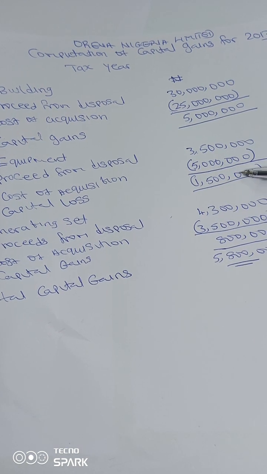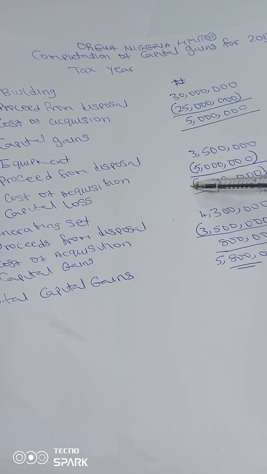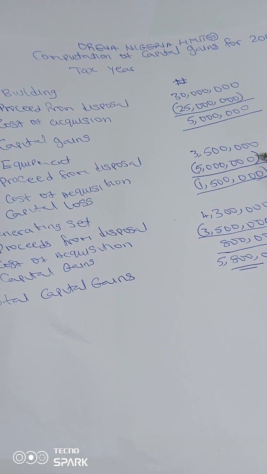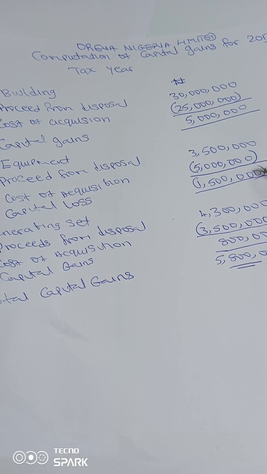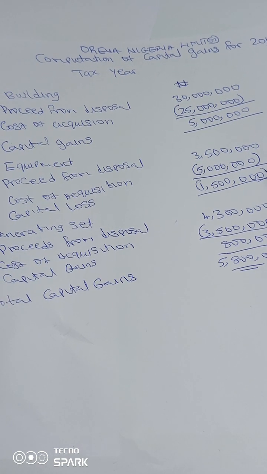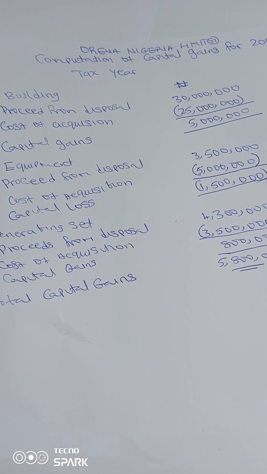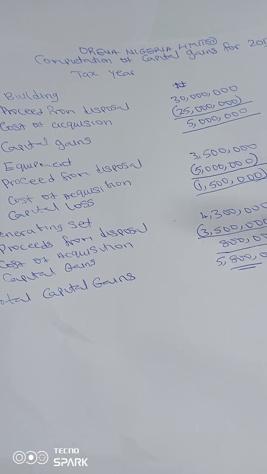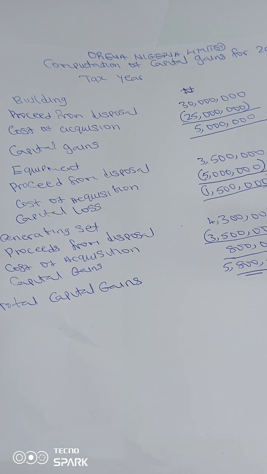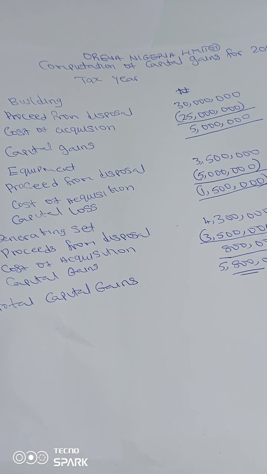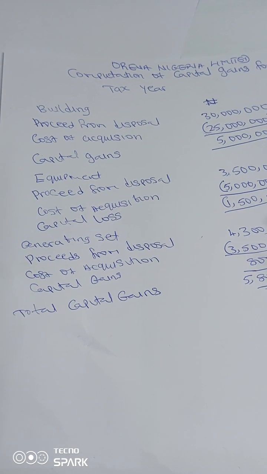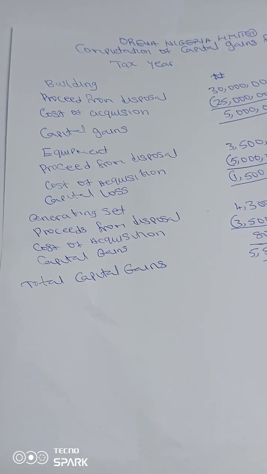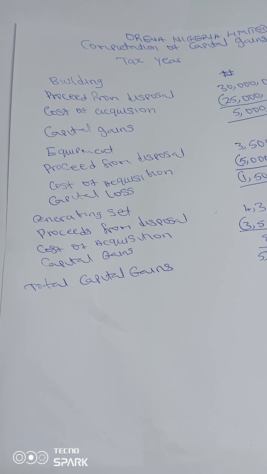Okay, so now it's going to be a loss. All losses have to be in brackets, same thing like the deduction. Normally, when you have a loss, it's going to be a negative on your gain. At the end of the day, any loss you have will bring down your profit. That will come up in another topic probably.